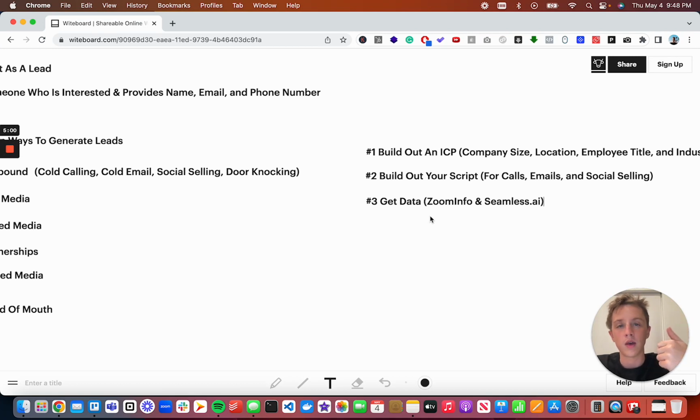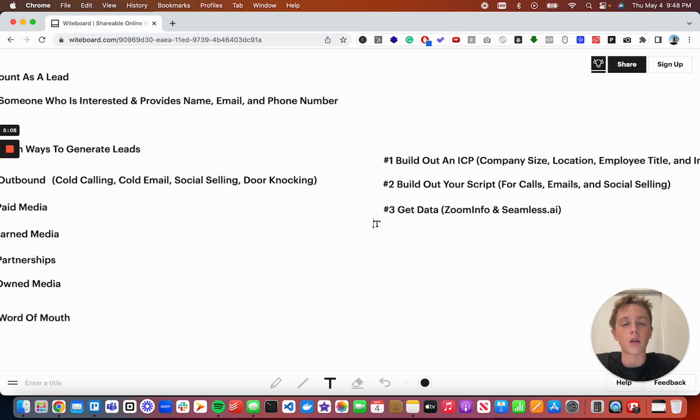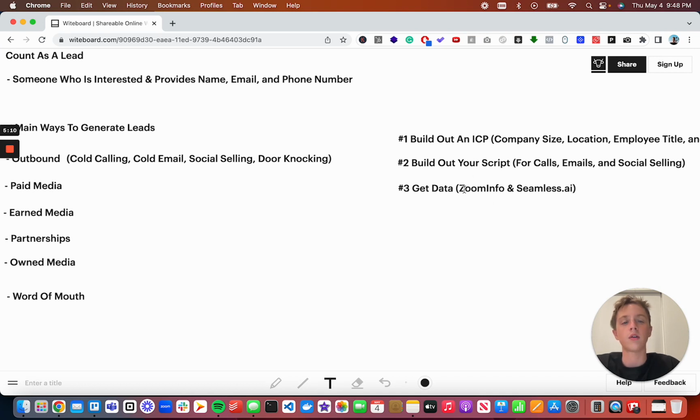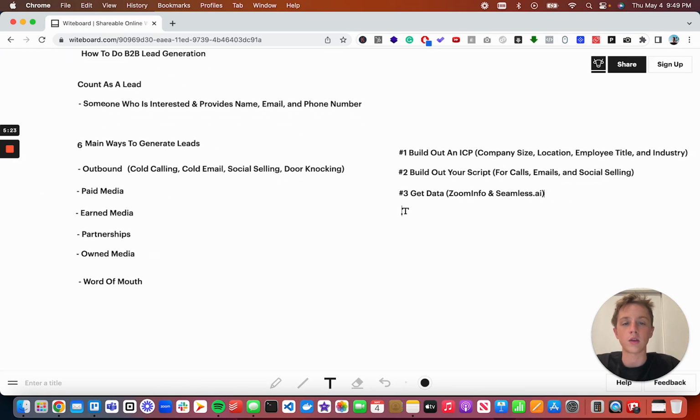You could get direct numbers, office numbers, business emails, and social media contact info. ZoomInfo is very expensive, and Seamless.ai is still pretty expensive also, but essentially they have the data, so I don't know what you're going to do about it, but you need to get that data.